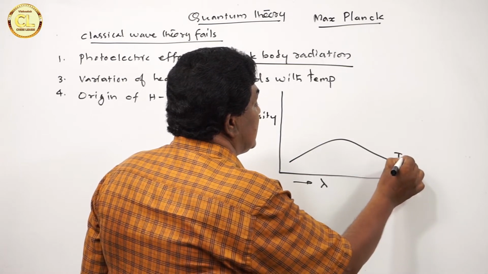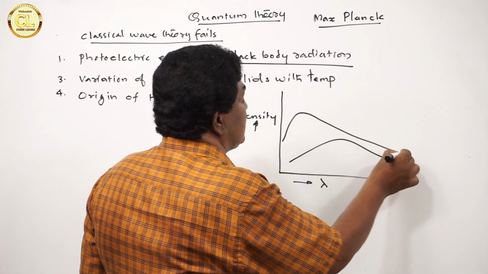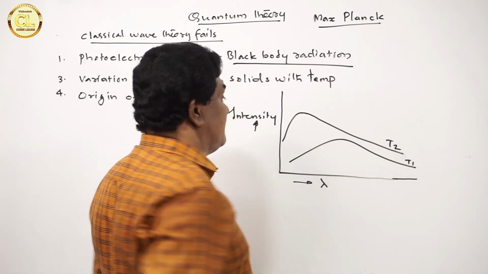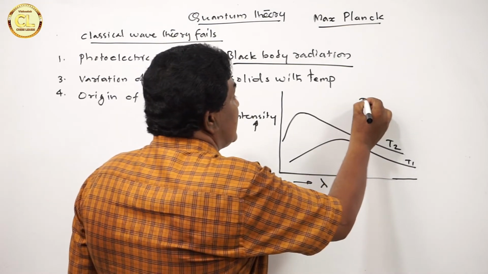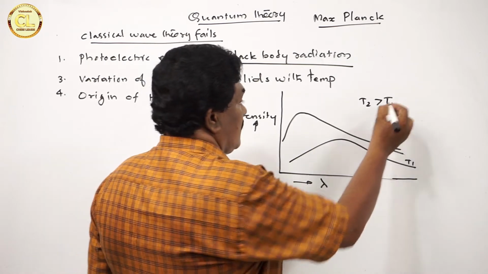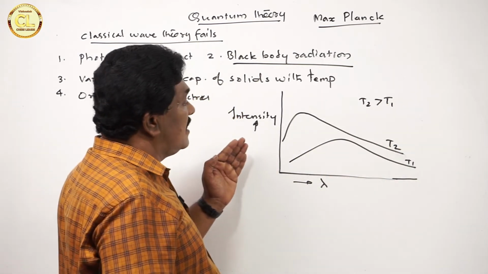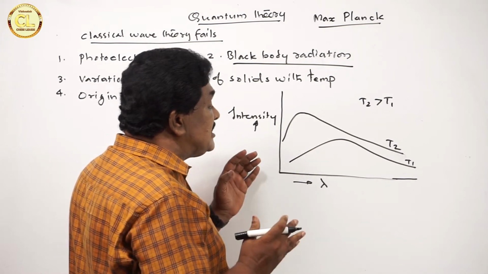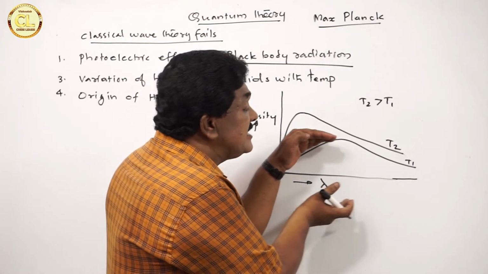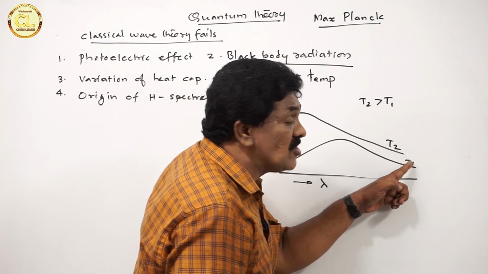This graph is obtained at T1 temperature, and this graph is obtained at T2 temperature. T2 is greater than T1. From the graph, it is clear that the intensity of the black body radiation increases with an increase in wavelength at first and then decreases at a constant temperature.